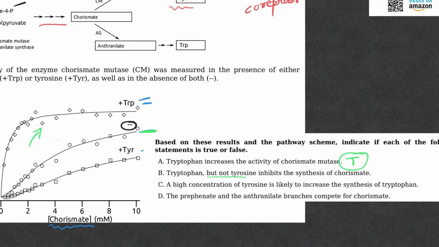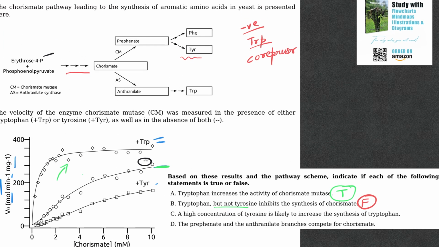So our answer would be false, that no, there is no inhibition of synthesis of chorismate happening. Okay, so remember not to use the concepts that you are very sure about and fill the gaps in the information in the question where it's not given explicitly.